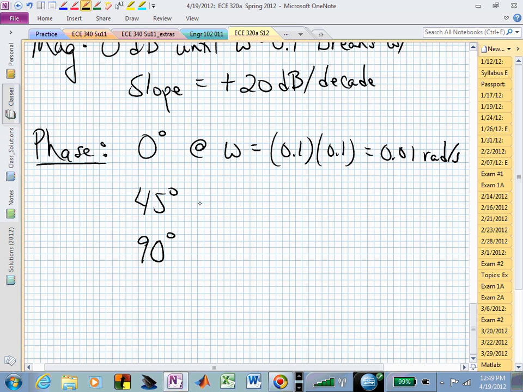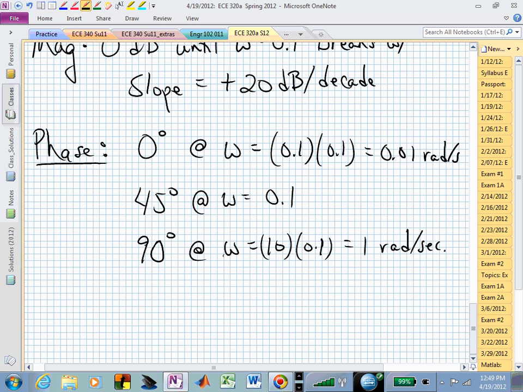It will be right at plus 45 degrees at the break, since it's upstairs, since it's a zero. And we'll consider it to be 90 degrees for all frequencies bigger than 1 decade beyond the break frequency, which is going to be at 1 radian per second.